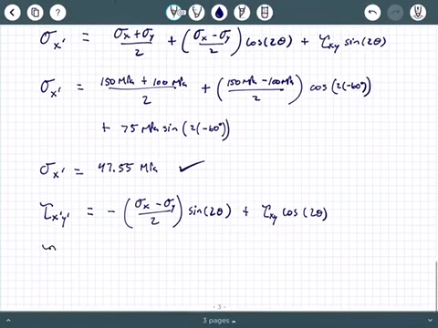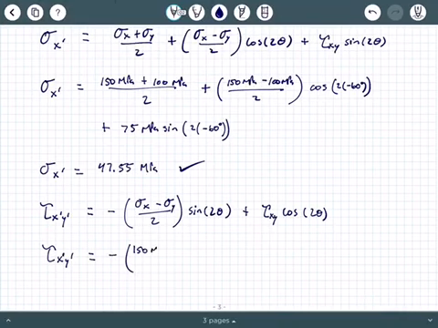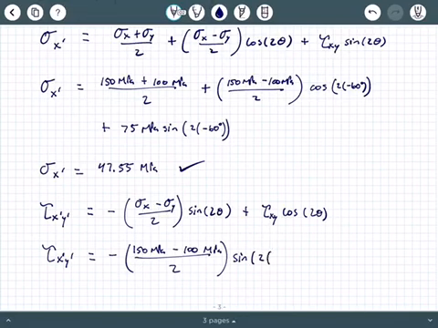And then I'm going to check on my tau x prime, y prime. That's negative the quantity sigma x minus sigma y over 2 times sine of 2 theta plus tau xy cosine of 2 theta. And let's check this out.